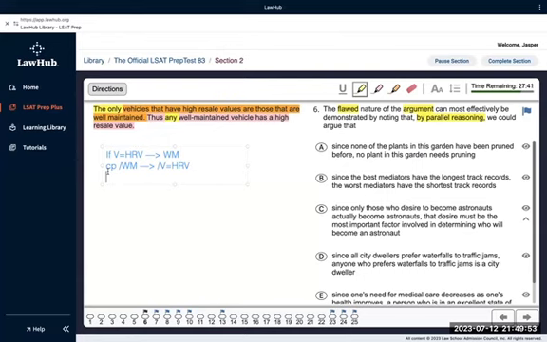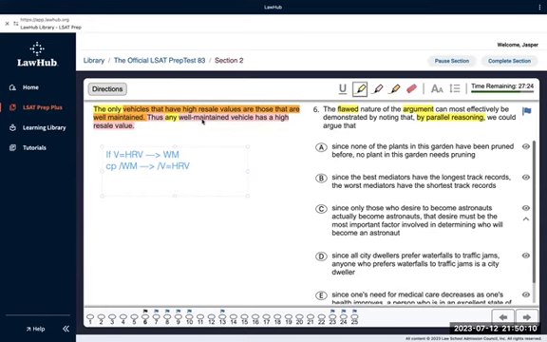I'm just putting the slashes in front to indicate we need to negate that term. So being well maintained is a necessary condition, but it wouldn't be sufficient.